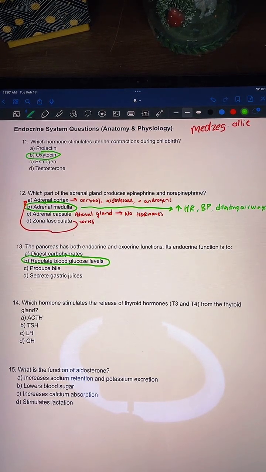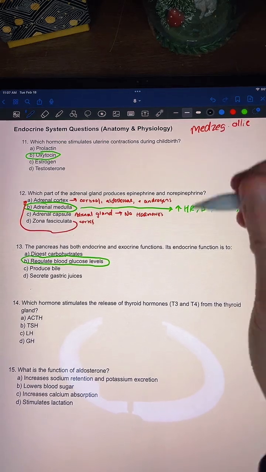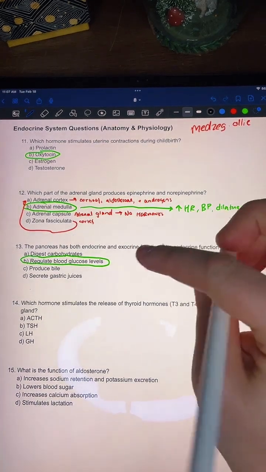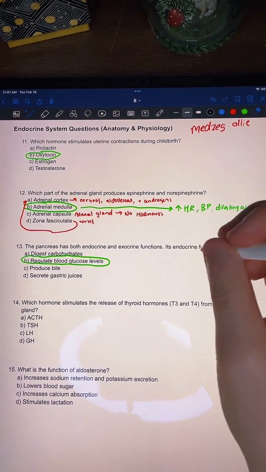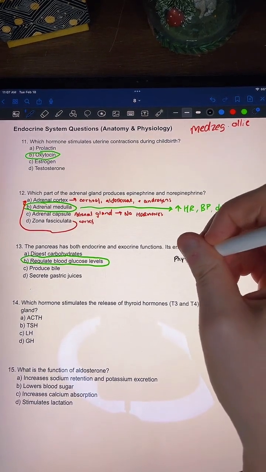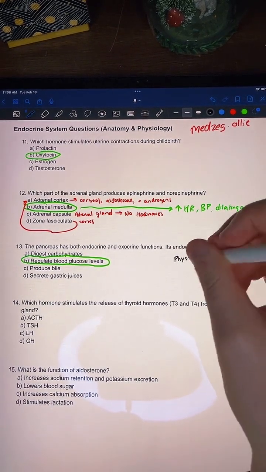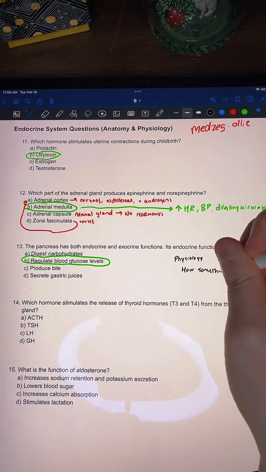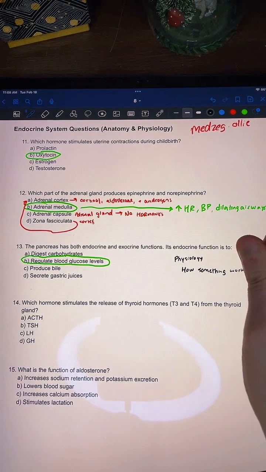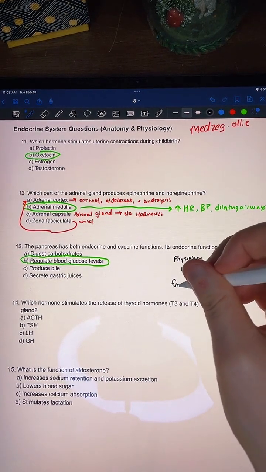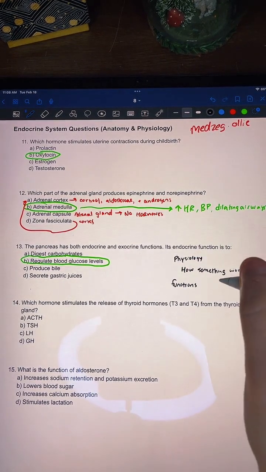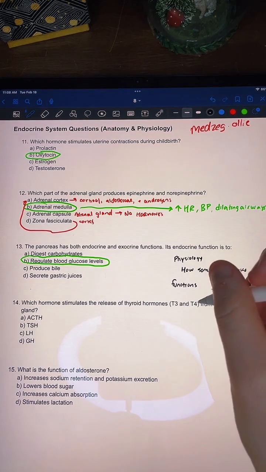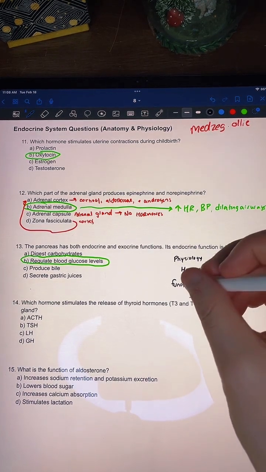Yeah, I think it's best to kind of focus on everything. But if you think about anatomy and physiology and what you should be looking for, physiology is how something works, right? At the beginning of your chapters, you're going to go over the functions of each system. That's where the center of your study should be focused: the functions.